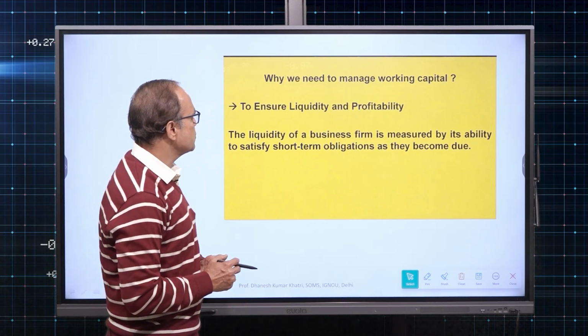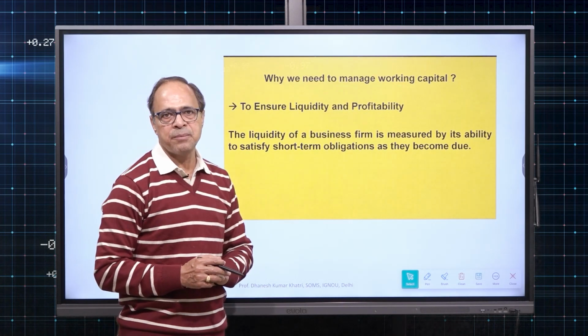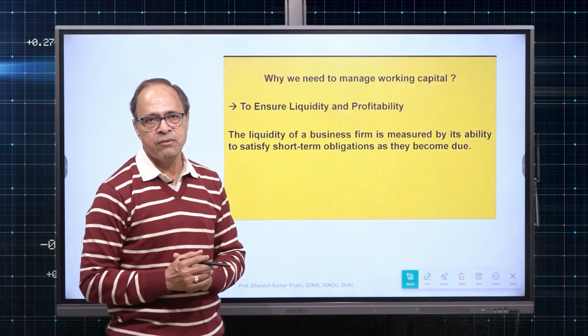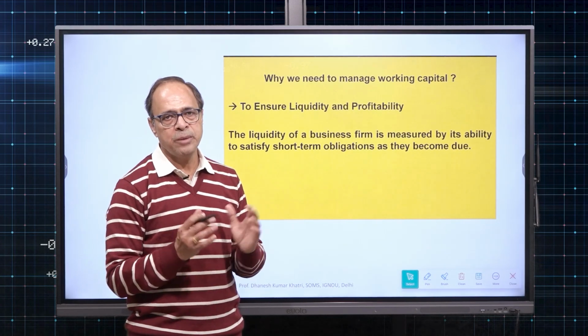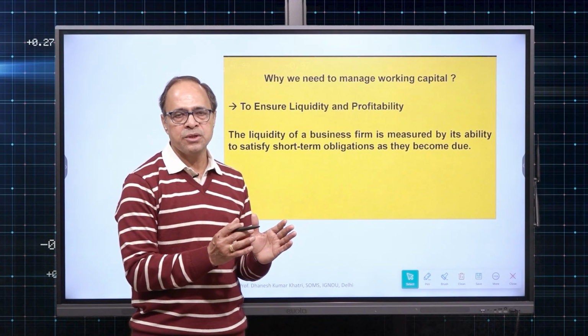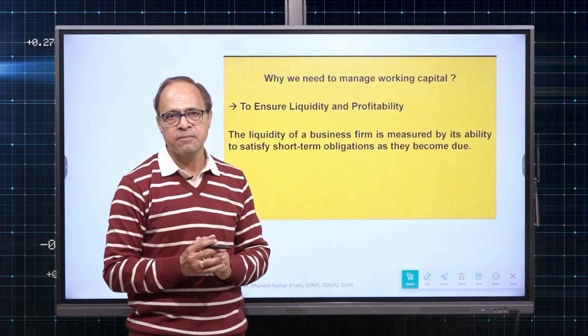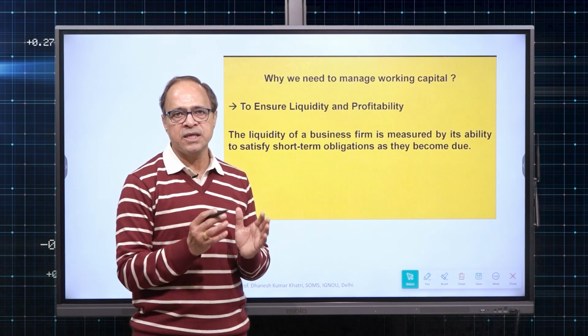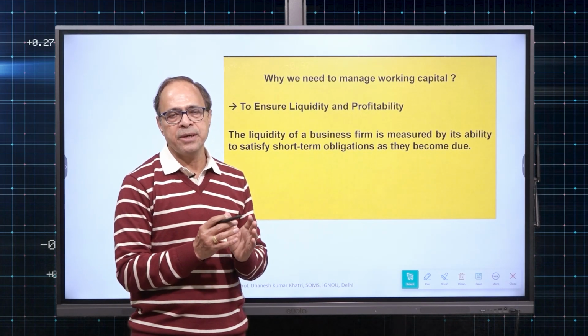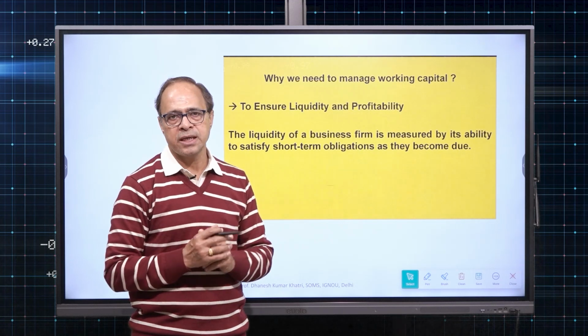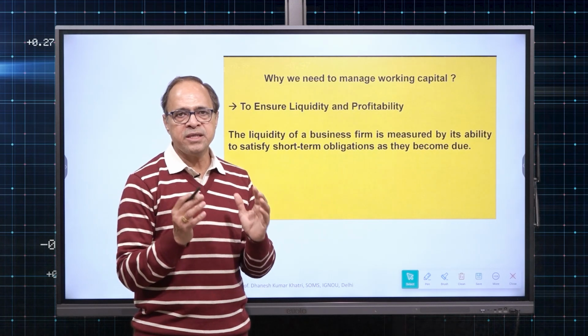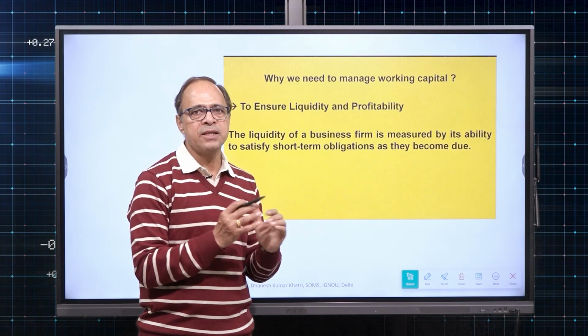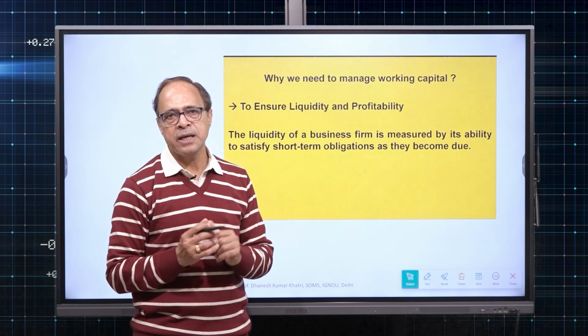Then the question comes, why do we need to manage working capital? So, the meaning of working capital we have understood very well. Two approaches: static approach which originates from balance sheet data and dynamic approach which says the requirement of working capital is due to the operating cycle. The operating cycle approach is also known as pipeline theory. Why pipeline theory?